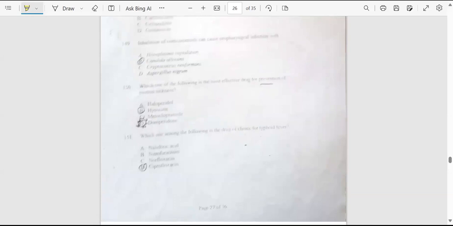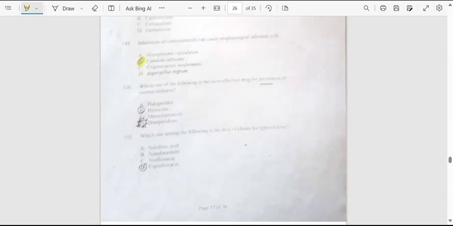Okay, 149 says inhalation of corticosteroids can cause oropharyngeal infections with A. Histoplasma capsulatum, B is Candida albicans, C is Cryptococcus neoformans, and D is Aspergillus.